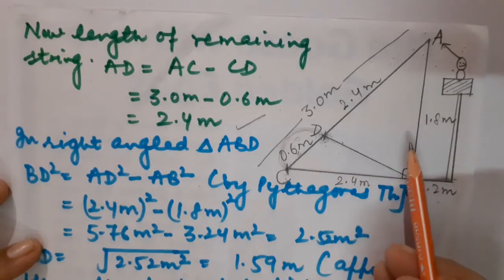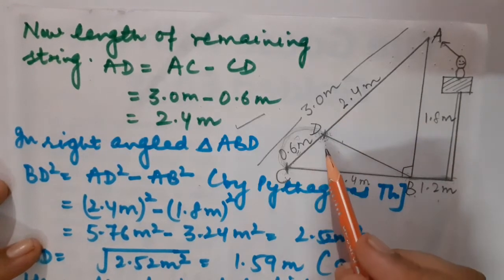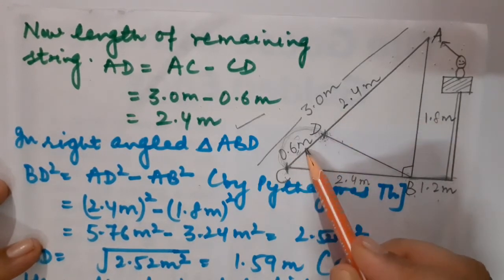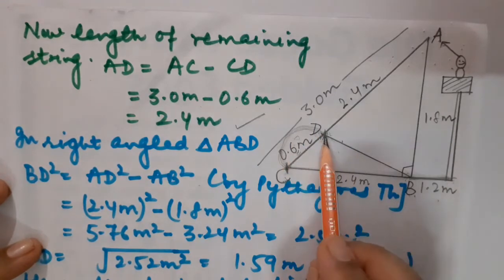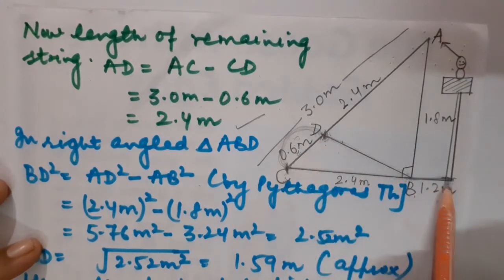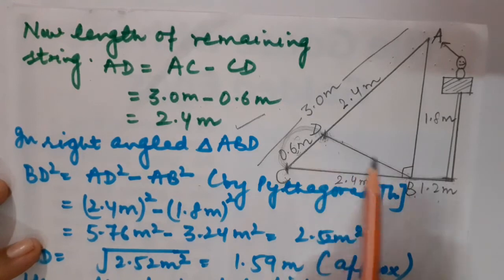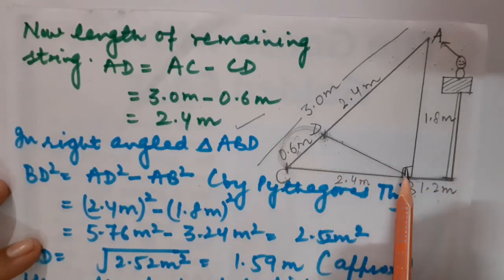After covering the distance of 0.6 meter in 12 seconds, the position of the bait has reached point D, and we will have to tell the horizontal distance of this point D from the position of Nazima. So BD plus 1.2 meter will be added, as we are dealing with the horizontal distance.